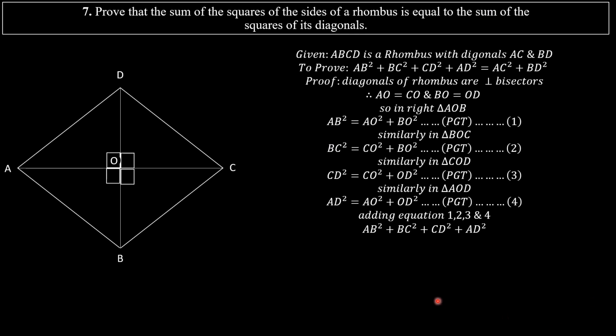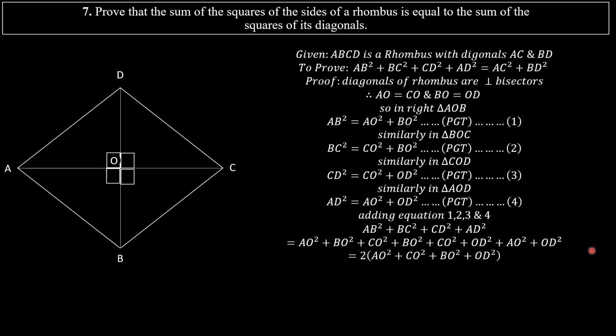On adding, on the left hand side we get AB square plus BC square plus CD square plus AD square, which is equal, on the right hand side, to AO square plus BO square plus CO square plus OD square. Now we apply AO equal to CO and BO equal to OD. If we simplify, we get twice AO square, twice BO square, twice CO square, and twice OD square.